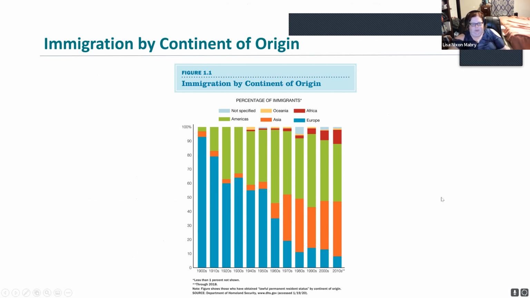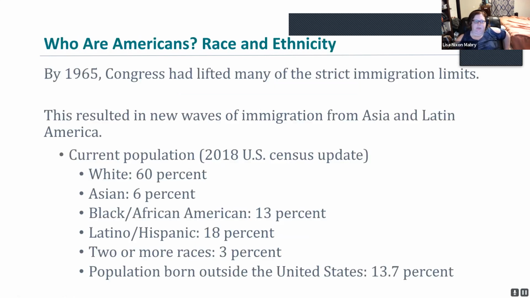I don't know what the non-specified would qualify as. If there's less than 1% of an area, they did not show that in the figure. So obviously largely Europeans, and then other parts of America, Central and South America, and Asia. And that's largely our makeup.